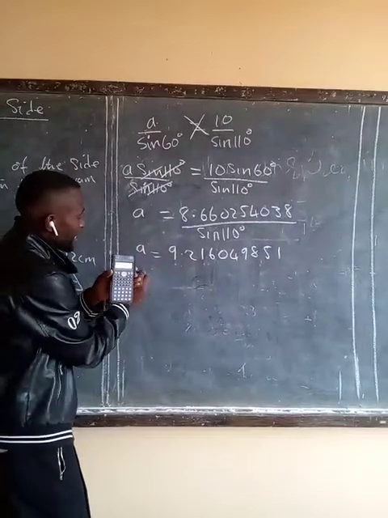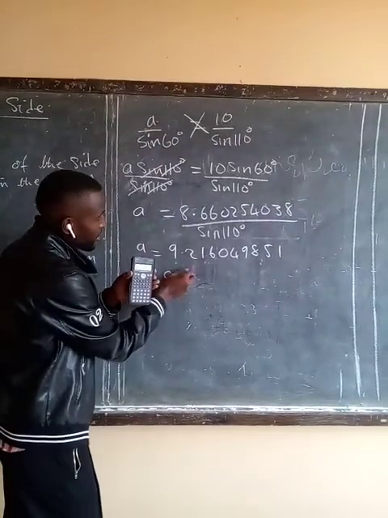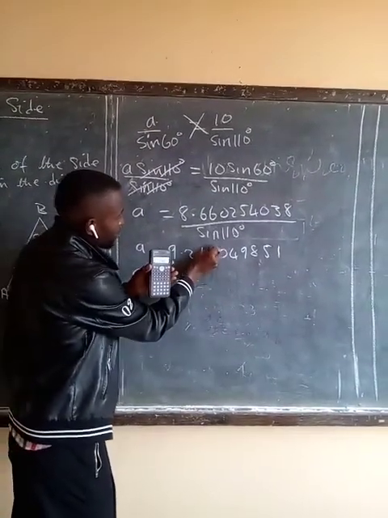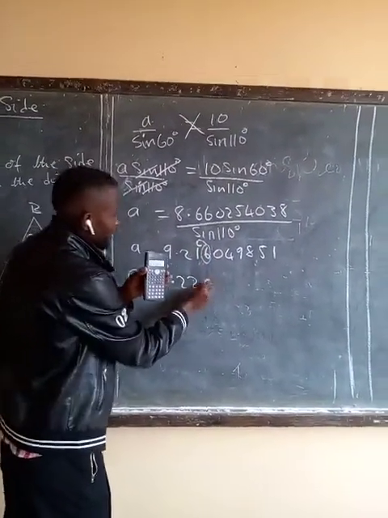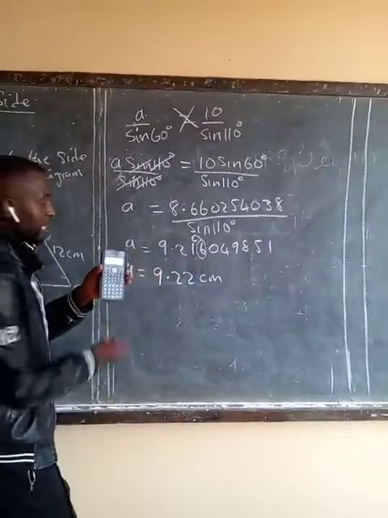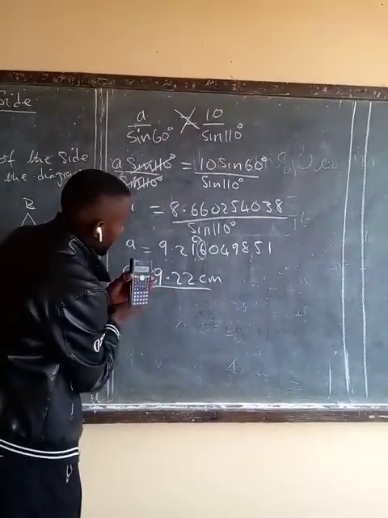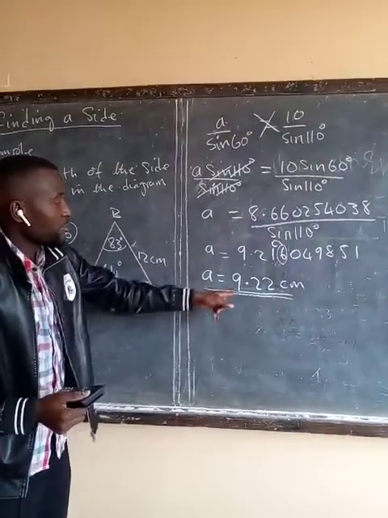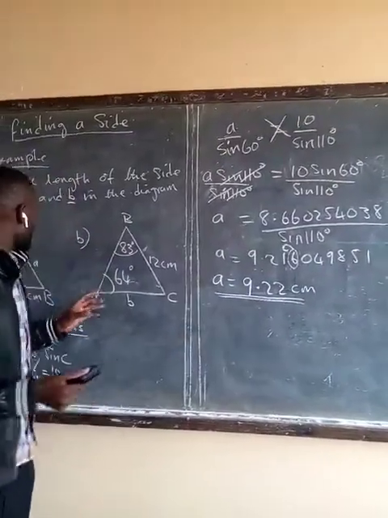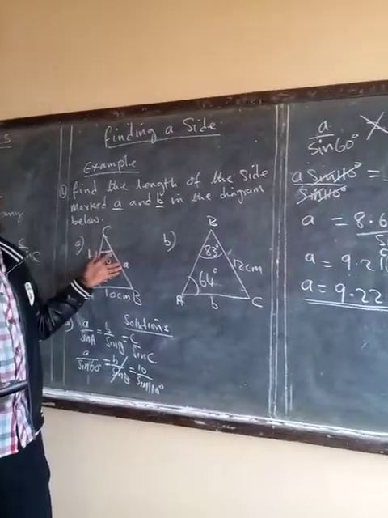So A is equal to 9.2 centimeters when you round off. Therefore, my A is equal to 9.2 centimeters. If your A is like this, it qualifies to be A in this statement.